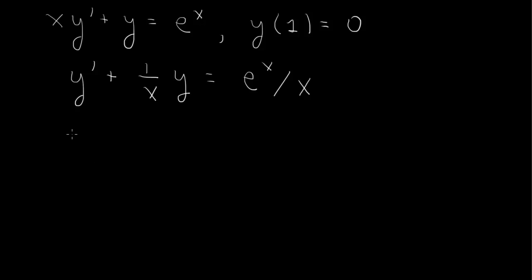What you do is you compute the integrating factor, mu of x, as e to the integral of this term, which is usually called p of x dx, 1 over x dx.